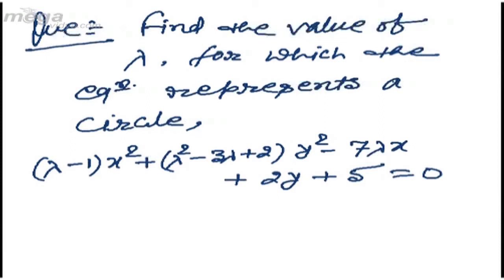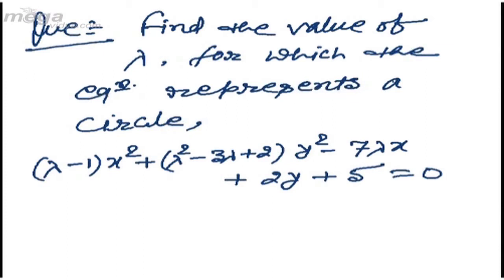Now student, you can see here, this is in the form of the general equation of second degree, that is ax square plus by square plus 2gx plus 2fy plus c equal to 0.